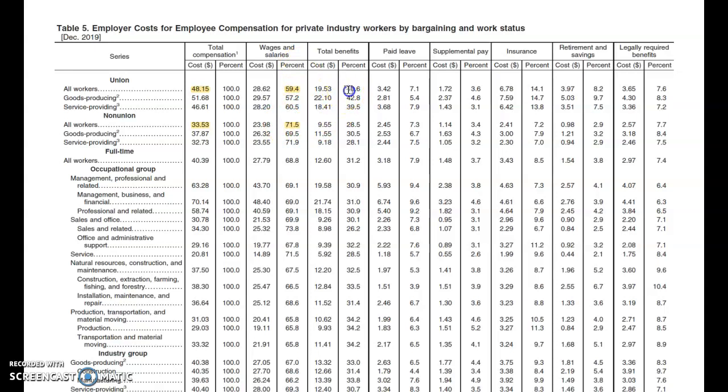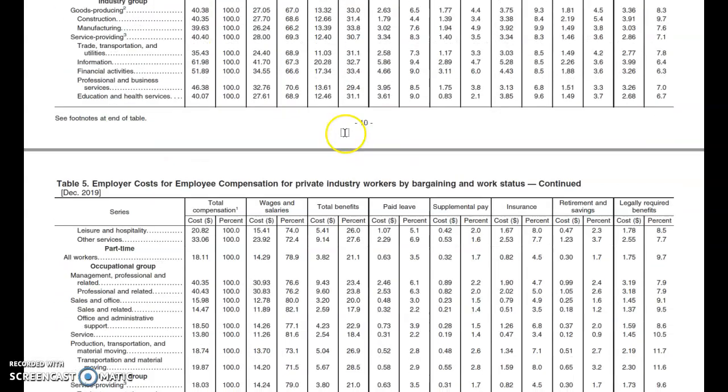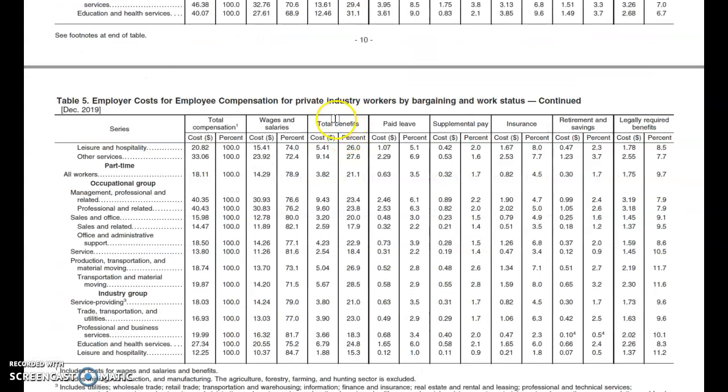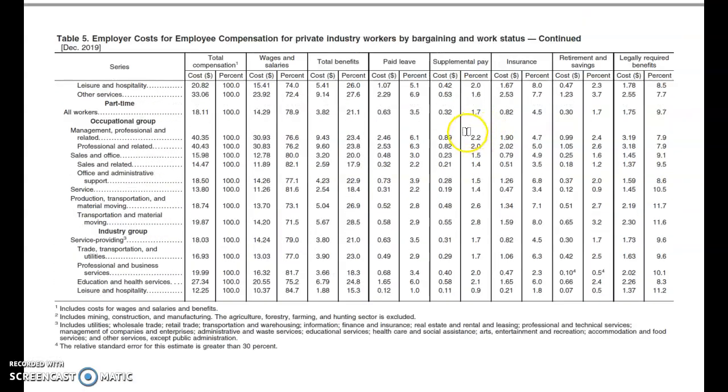Which means unions tend to emphasize fringe benefits. Non-unions don't. That's consistent with what we talked about in the union videos. Unions may be better at negotiating for fringe benefits for employees than non-union workers.